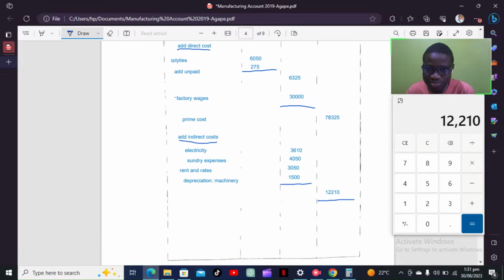So we're going to add these two values here: the prime cost plus the sum of the indirect cost. So when we add this plus 78,325, what are we getting? We're getting 90,535.